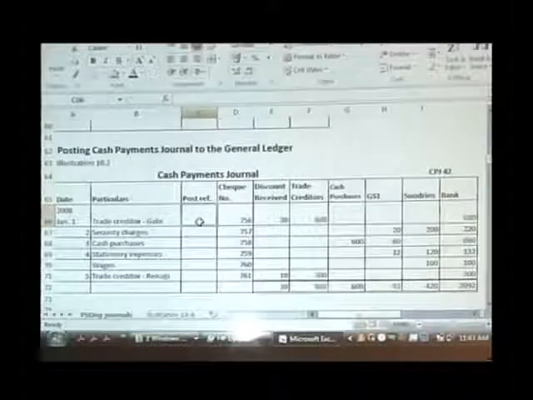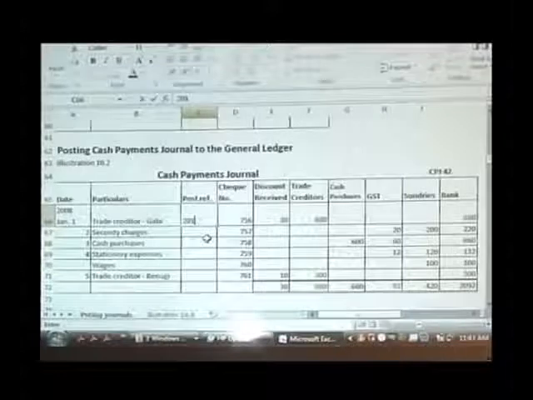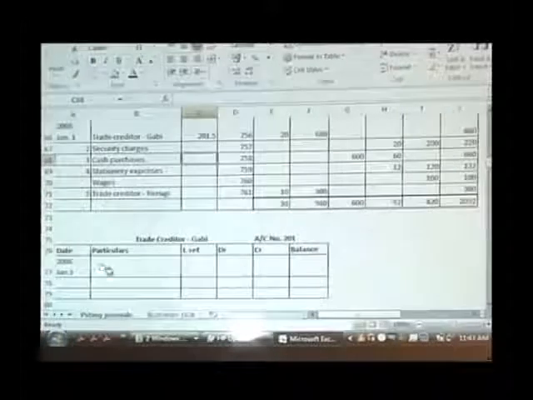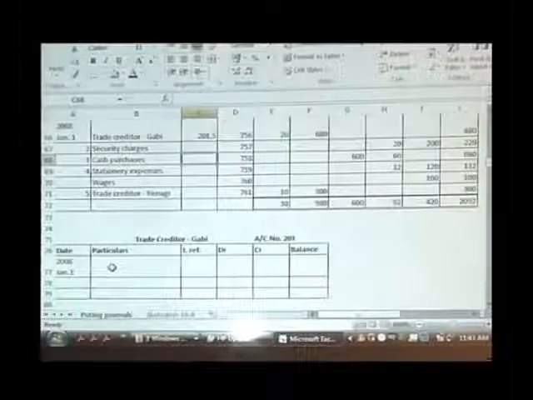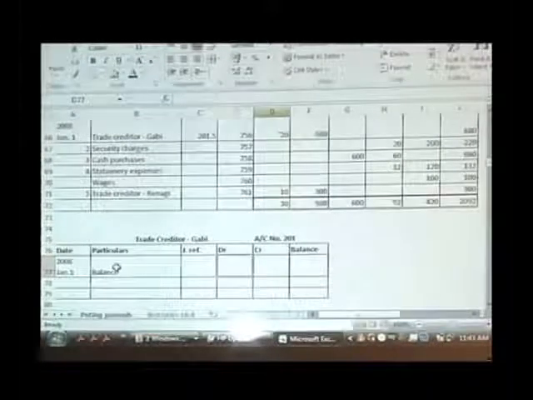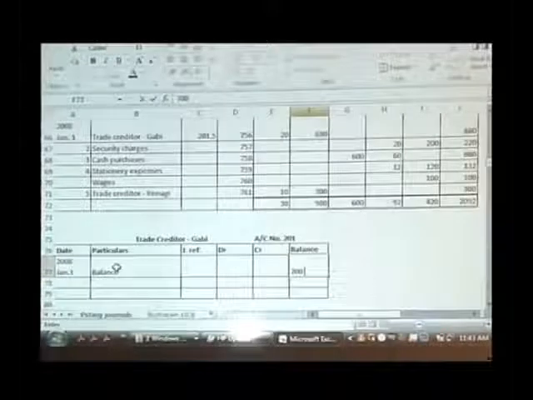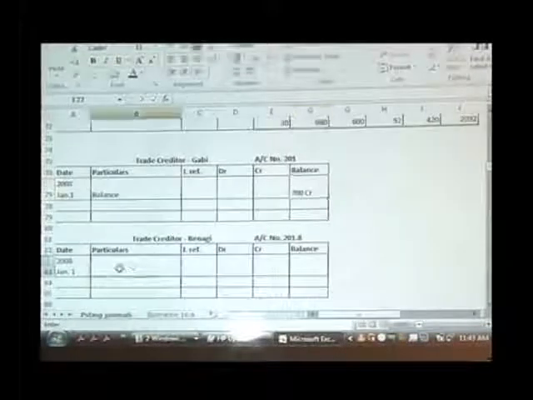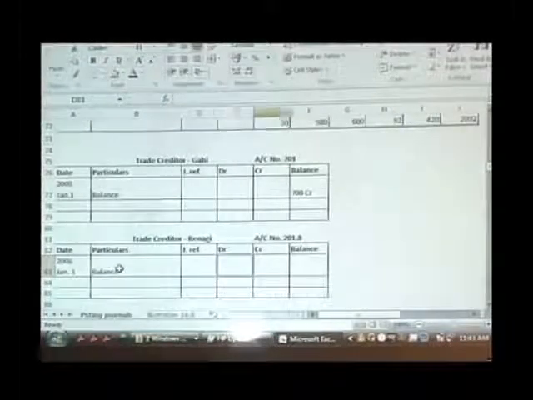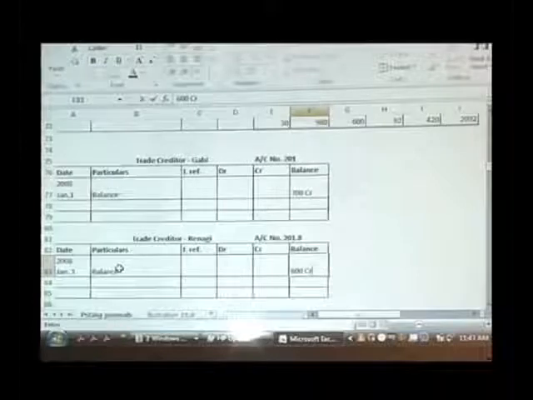Then find the account number. Gabi's account is 201.5, and before that, yes, if there are any balances, we have to include the balance: a credit balance of 700 kina for Gabi, and for Renagi a balance of 600 kina, credit.